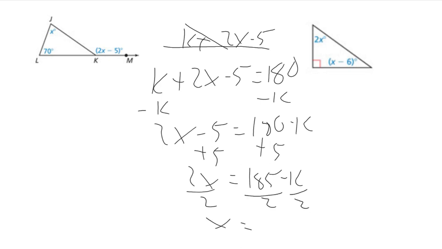So I get x is equal to 185 divided by 2, which is 92.5, minus K divided by 2. Whatever K is, we'll figure that out later.